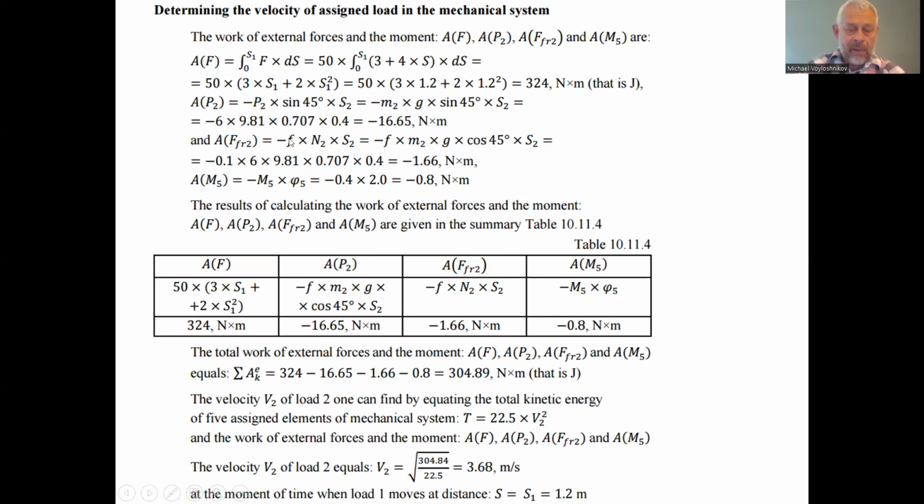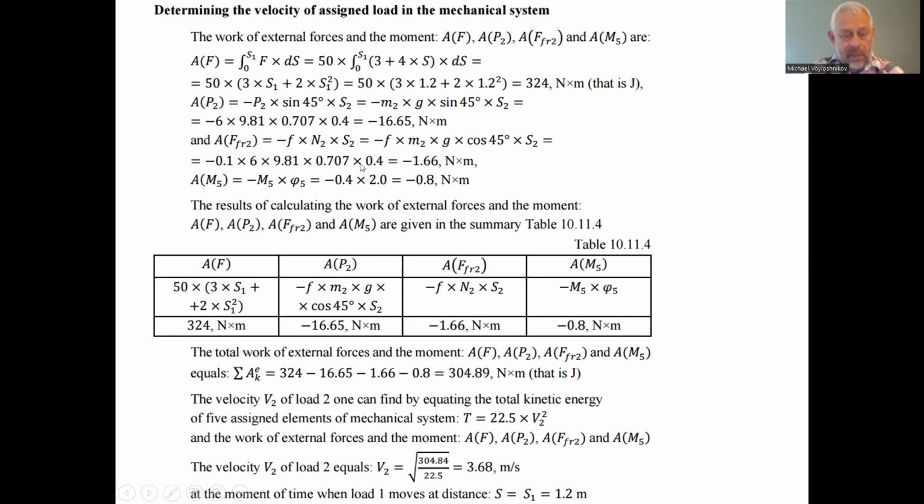the work of the wedge force resisting the motion of the mechanical system. And the work of the friction force as well: we substitute the friction factor multiplied by the mass of the load, multiplied by the gravity acceleration, multiplied by the cosine of 45 degrees, the same as the sine.